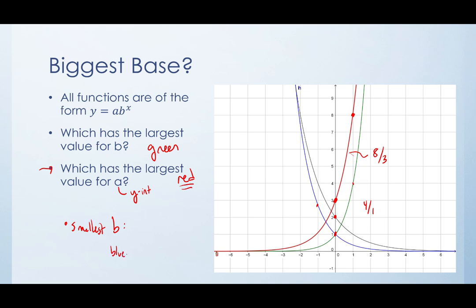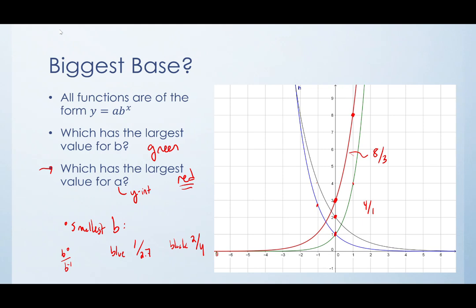So the blue is 1 over 2.7, let's call it. And the black is, actually I should have done these, I did the blue one correctly, I did the black one incorrectly, so it should be 2 over 4, because it should be the x equals 0 point over the x equals -1 point, right? So these ratios would be your b at x equals 0 over your b at x equals -1.